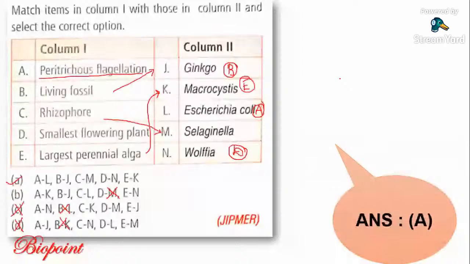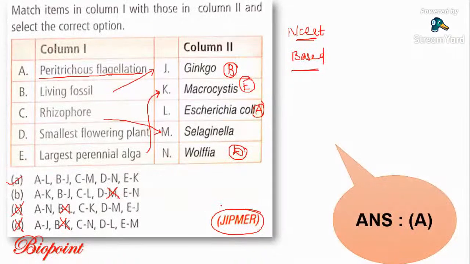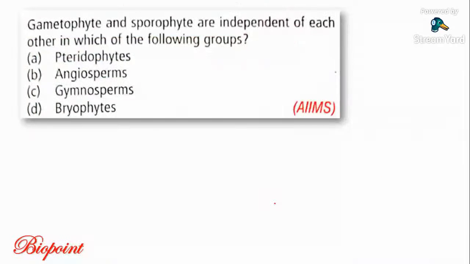Most of the questions are there in the NCERT itself. So NCERT based questions for your JIPMER exam. And now you know that JIPMER is merged with NEET, everything is included under one exam. Next question. Question number 12.